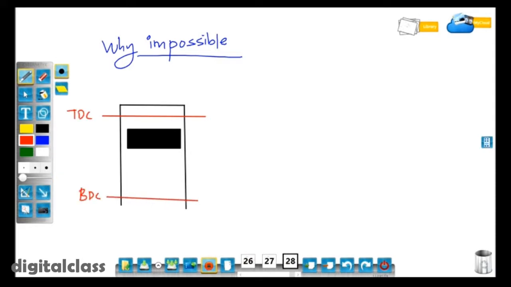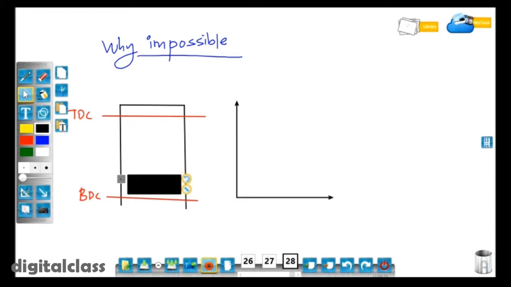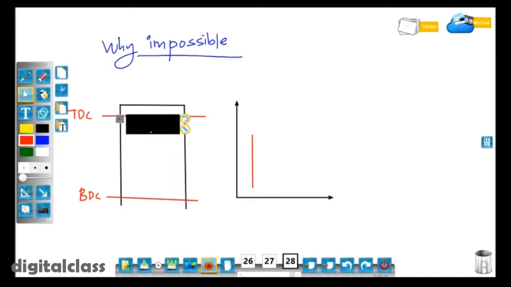So this is a piston cylinder arrangement, with TDC and BDC, the ends shown on the diagram. When the piston changes its position from BDC to TDC, there will be a change in properties of the system. So these properties we can show on a diagram.